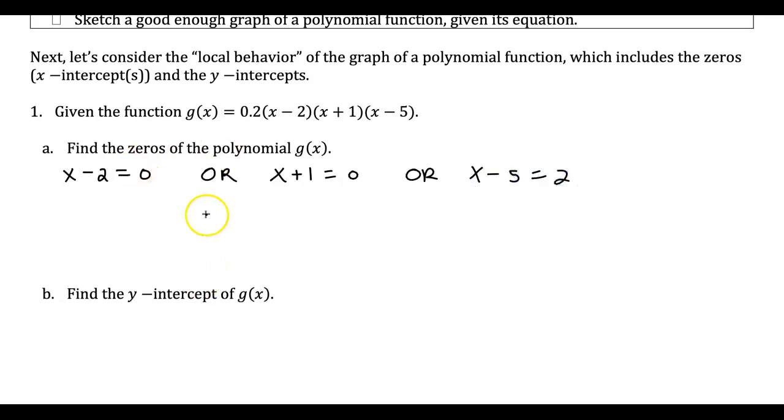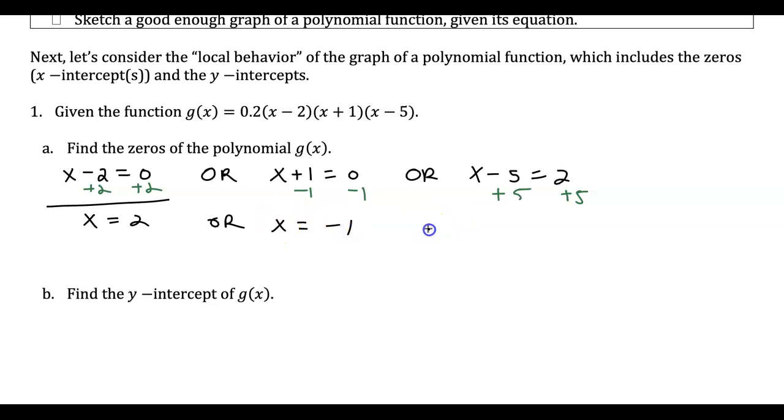And if you solve these three equations, you add 2 to both sides, you subtract 1, you add 5, and what do you get? You'll get x is either 2, or x is negative 1, or x is 5.